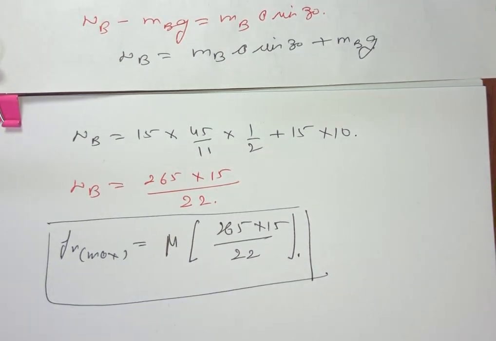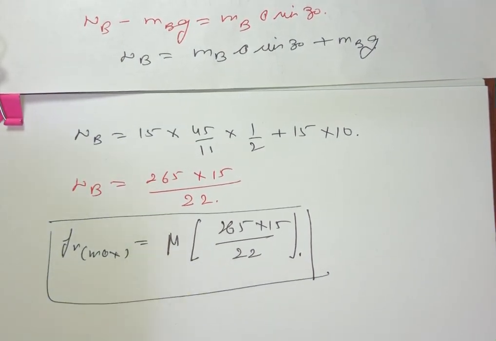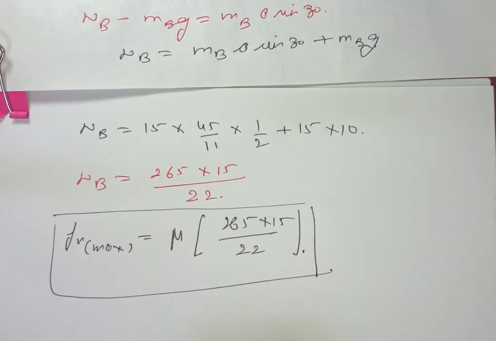Now we are going to find the value of the friction when block B is moving with acceleration 45 by 11.